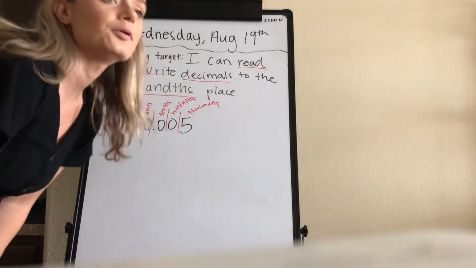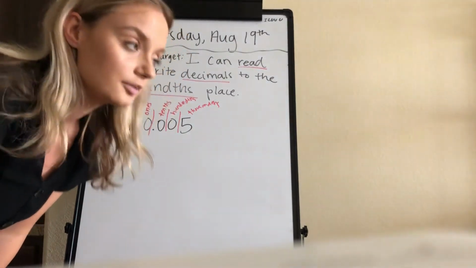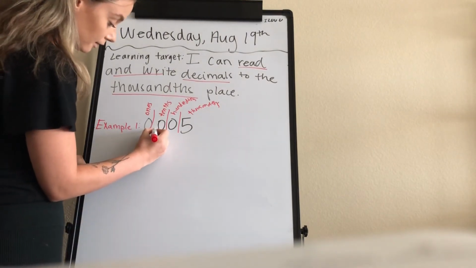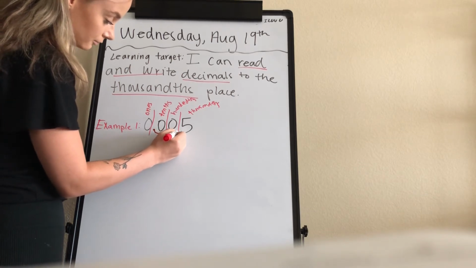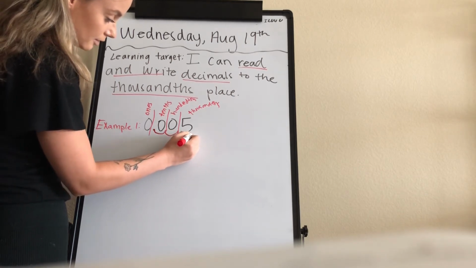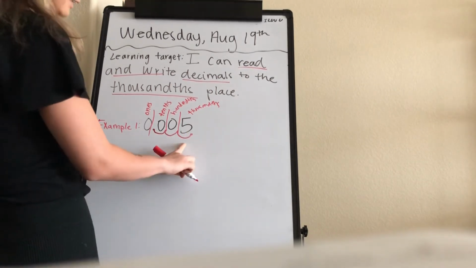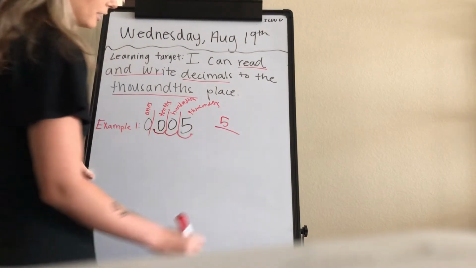Okay, so I'm going to teach you guys a trick on how to turn this into a fraction. Let's take our little decimal point right here. Let's move it 1 time, 2 times, 3 times. Put the decimal right there. Now our number is 5. That will be our numerator.